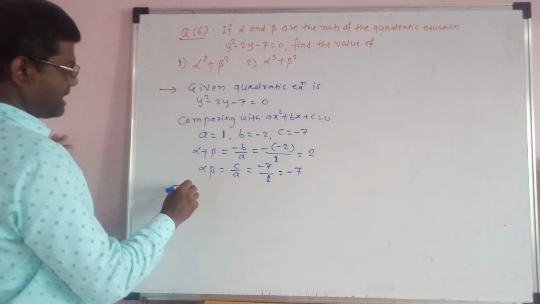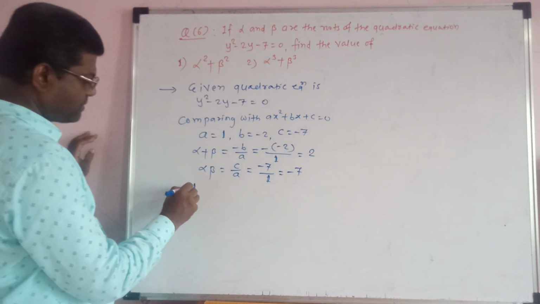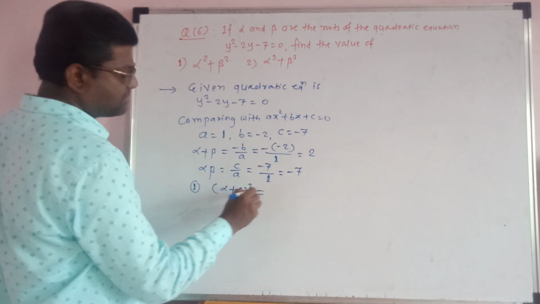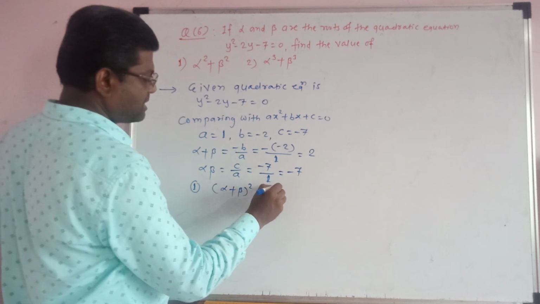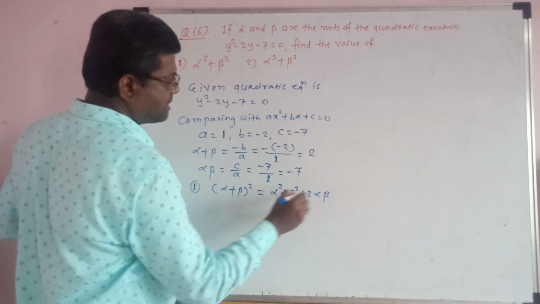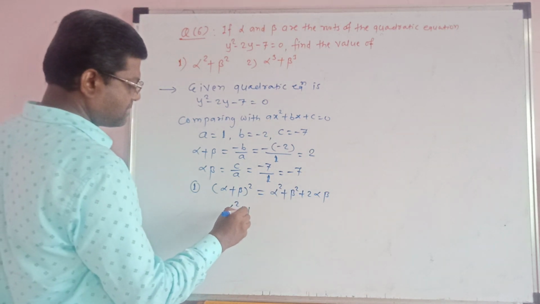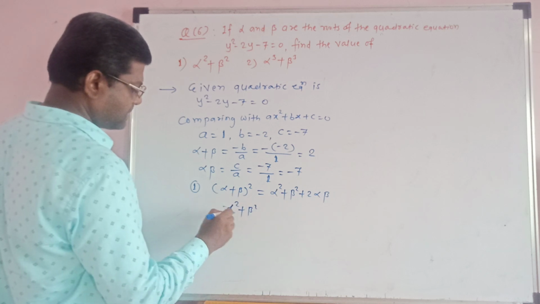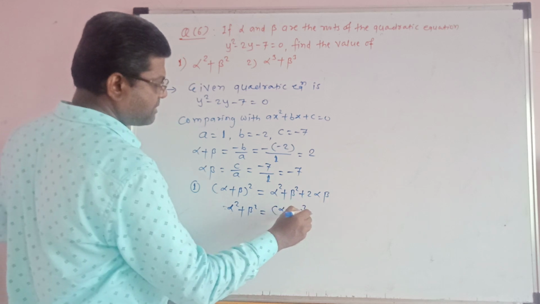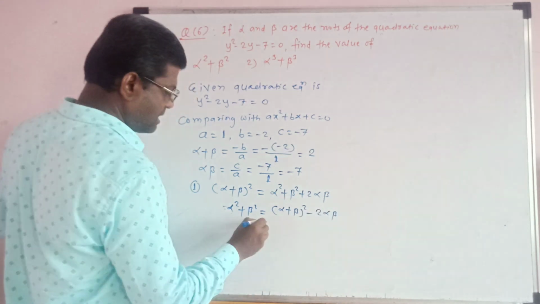Now we have to find the value of alpha square plus beta square. So we know the formula (alpha plus beta) square is equal to alpha square plus beta square plus 2 alpha into beta. From this, the value of alpha square plus beta square is equal to (alpha plus beta) square minus 2 alpha into beta. Therefore put the values.